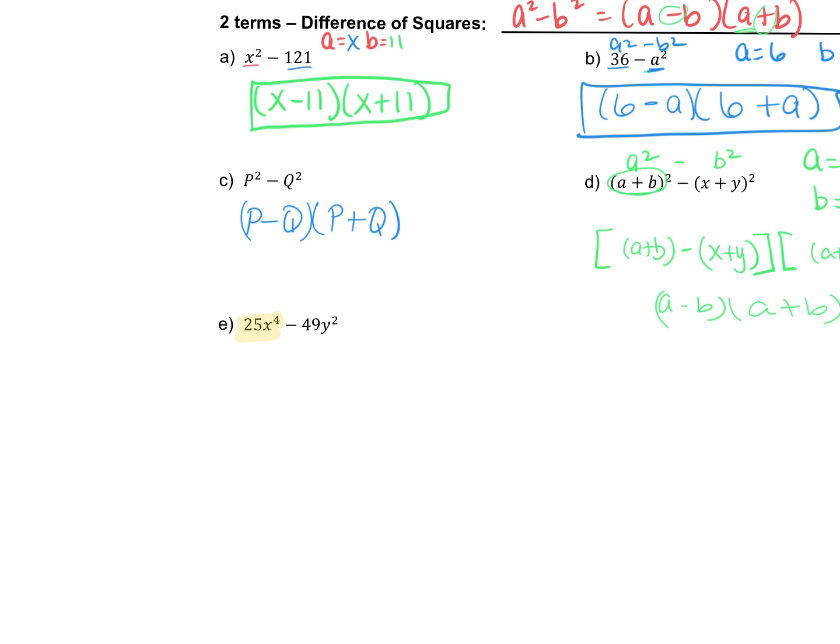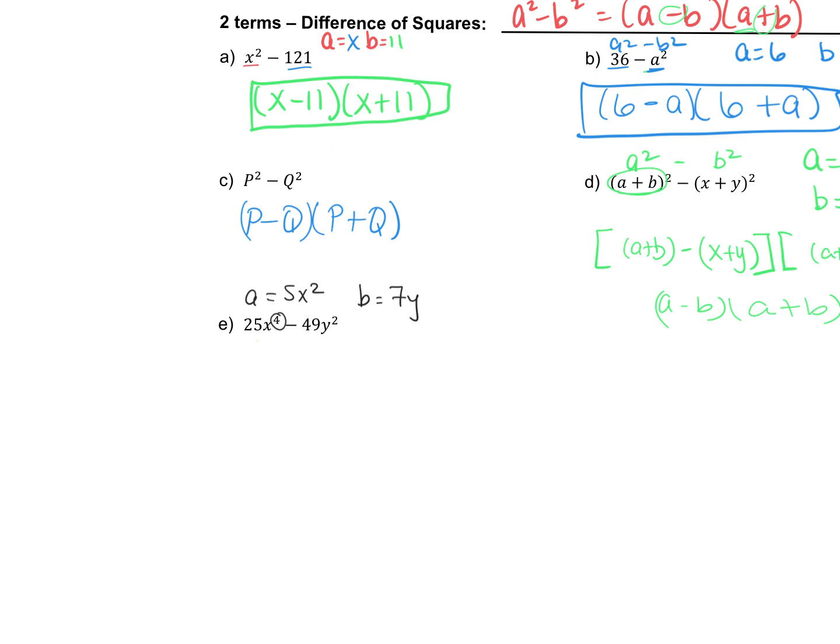So I'm just going to see what my perfect squares are, and let me see what a and b are. Here a is going to be 5x squared, and then b will be 7y.